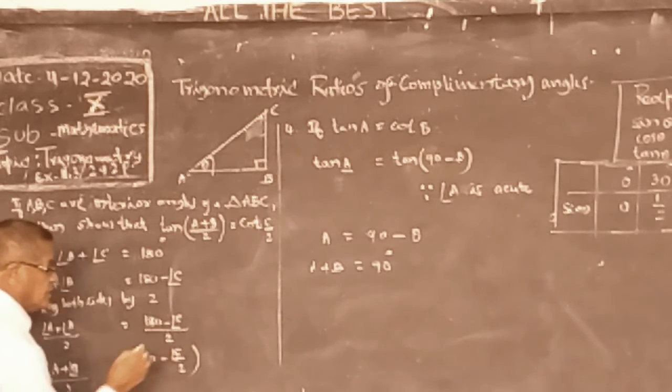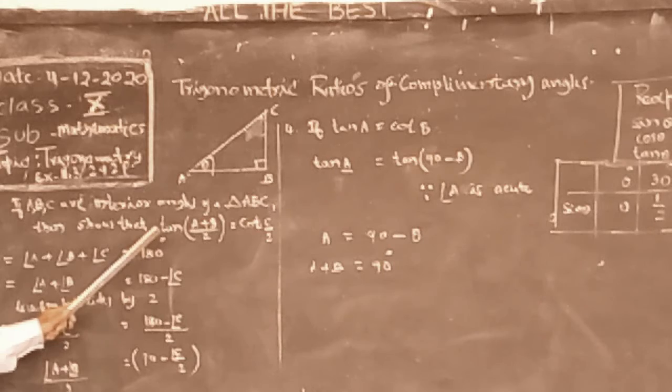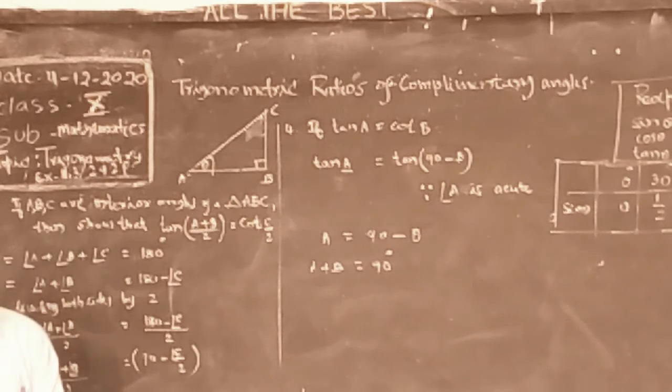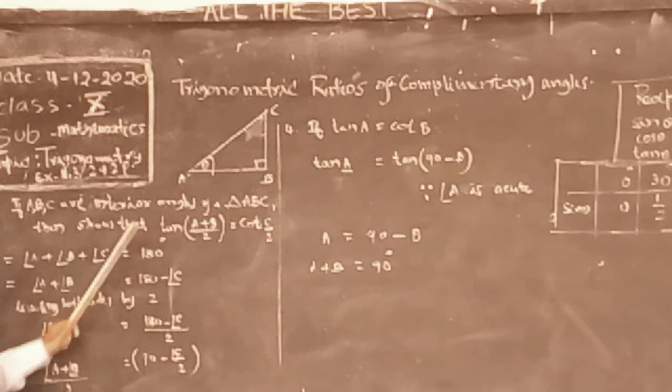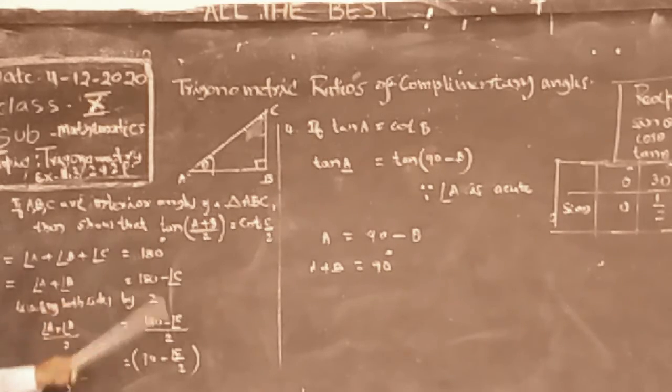Now in the question, we write tan on both sides. If sin is given, write sin only. If cos is given, write cos. If sec is given, write sec, like that.